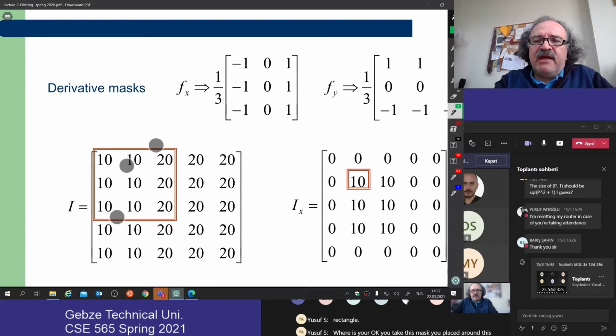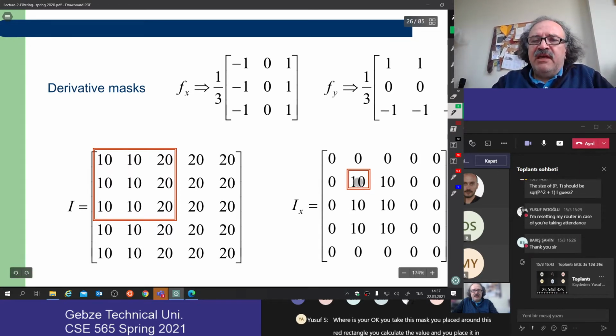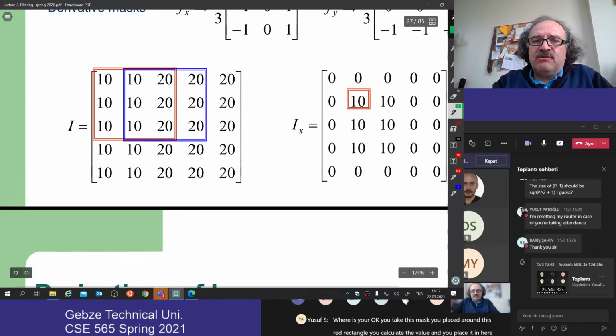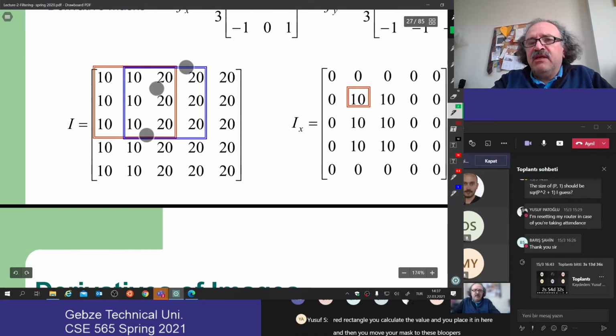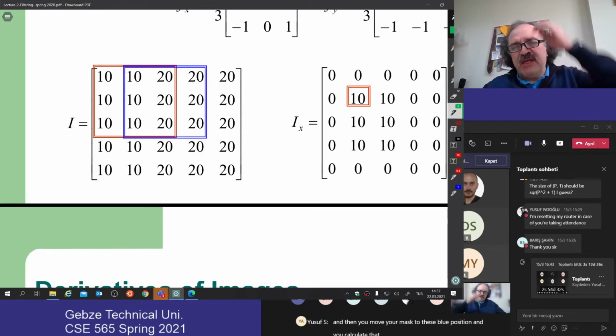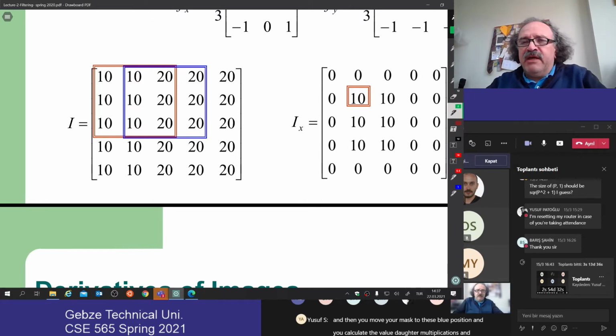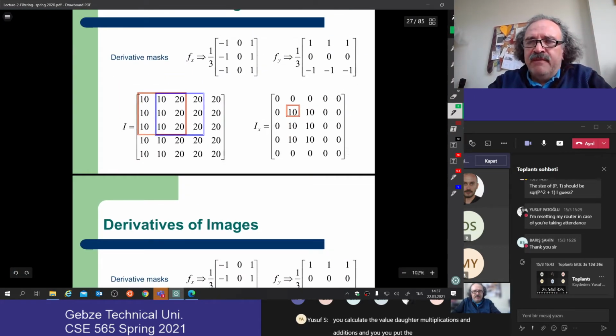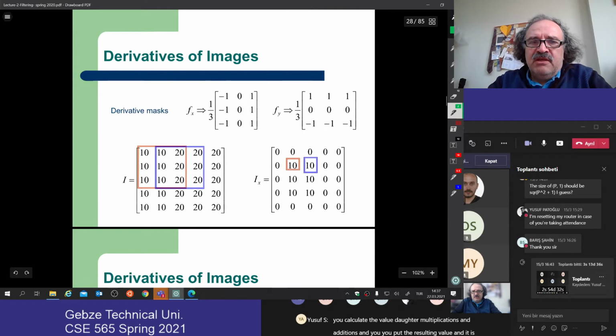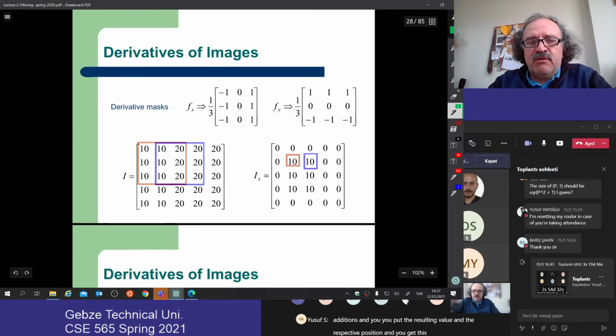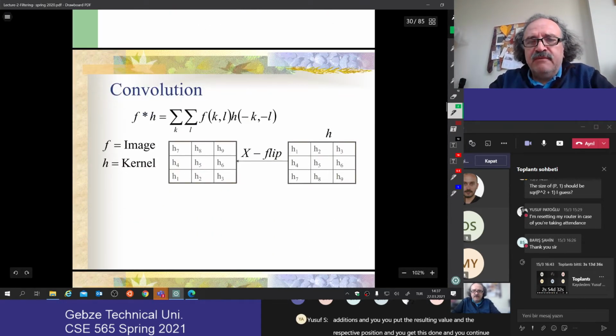You calculate the value and place it in here. And then you move your mask to this blue position and calculate the value, do all the multiplications and additions, and put the resulting value in the respective position, and you get this 10 and you continue. Okay, this is called convolution.